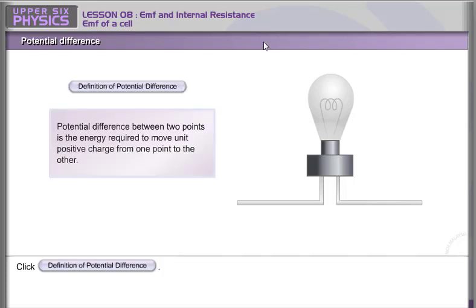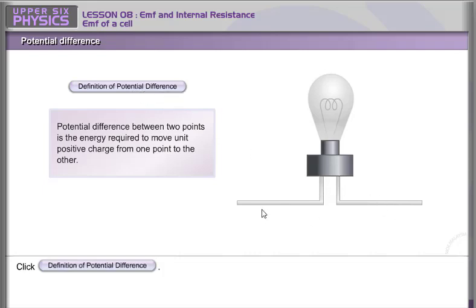Potential difference between 2 points is the energy required to move a unit positive charge from one point to the other point. It must have 2 points. Between the 2 points, only then can we find the potential difference.